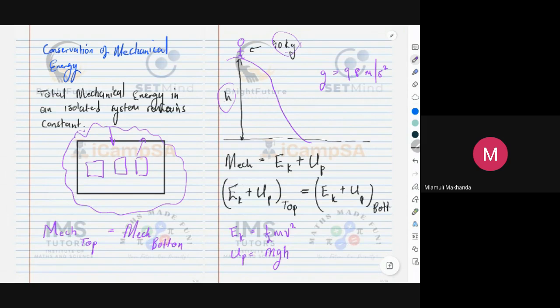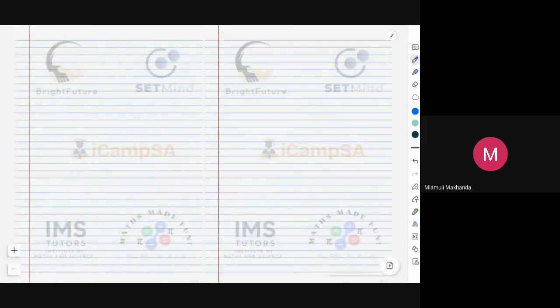Do you know what this is? Does anyone know? No one knows. Cool. This is the gravitational acceleration. Okay. So talking helps you to understand better.